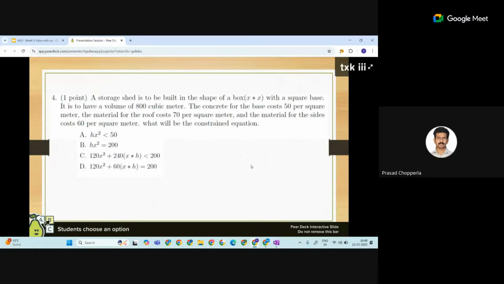Whatever we calculated, 120 x square plus 60 into x and h, let's say that is the cost. So how do you convert the volume to the cost? That's my point. How to connect? The cost is given.